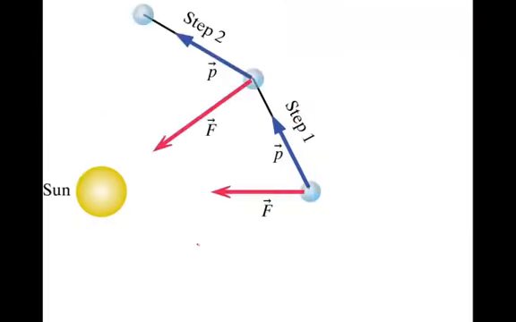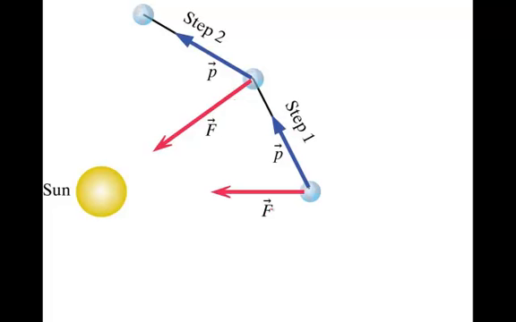Now what I'm going to do is figure out where this is. Again, we're taking the force at this point, pretending that that force is going to act for a length of time equal to our time step, and we're asking, at this point, what effect would that force have on the momentum?